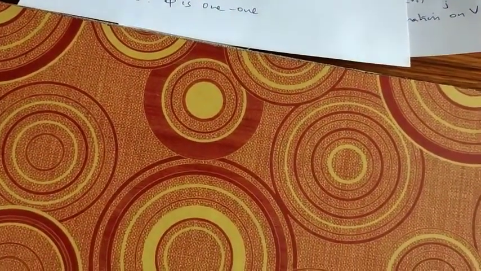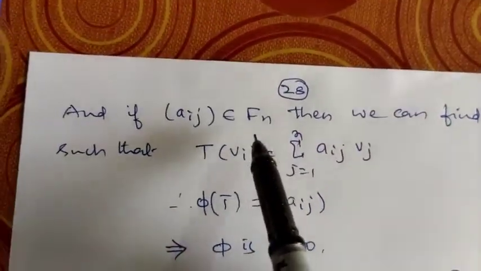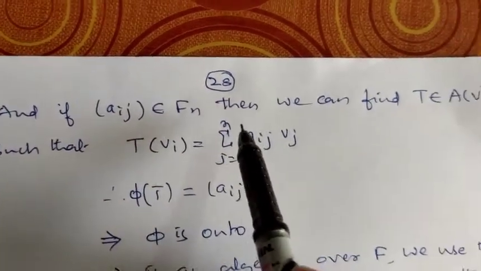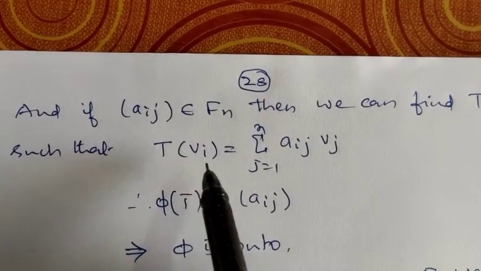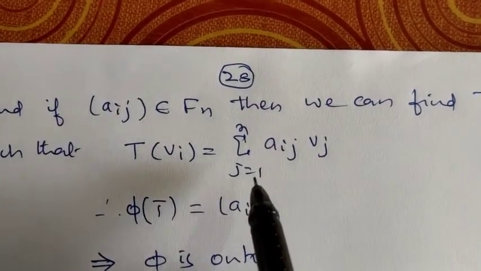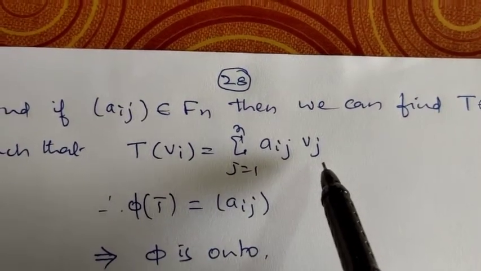And also, look here. If Aij is a matrix belonging to Fn, then definitely we can find some transformation t belonging to A of V such that T of Vi is equal to summation j equal to 1 to n of Aij Vj. This happens.